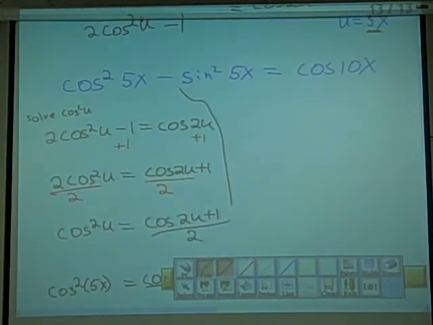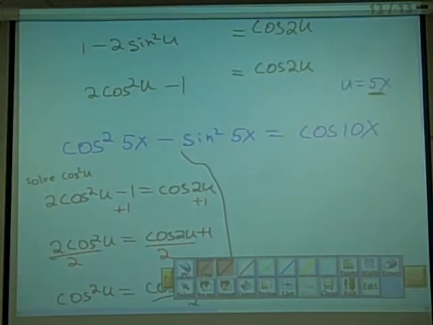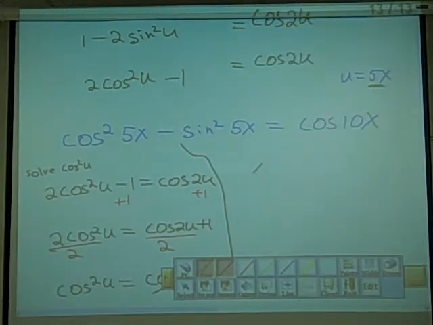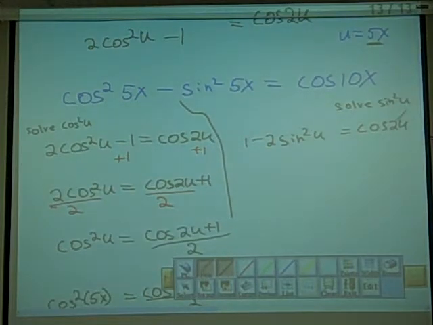Okay? Now we're going to do the same thing. We're going to convert sine squared. So we're going to take this cosine 2u equals 1 minus 2 sine squared u, and we're going to solve for sine squared u, so that we get cosine 2u in that.